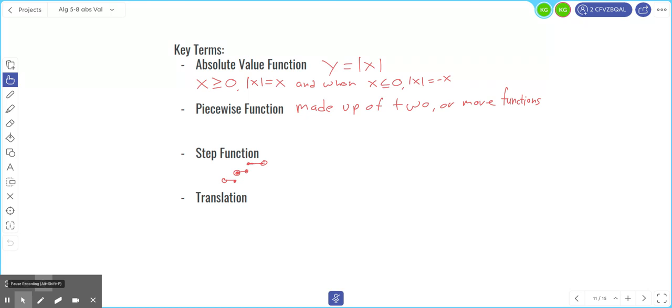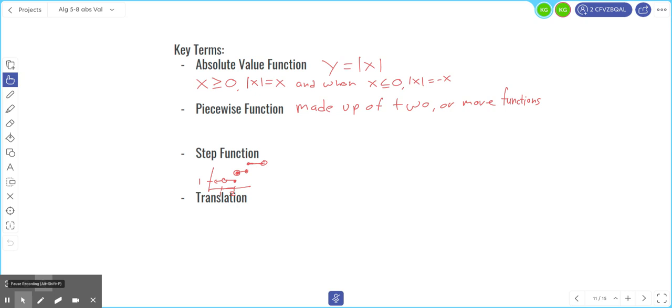So what's happening here is that every value in this interval is paired with just one output. So if we had like 1 to 2, that would all give us an output of 1, potentially.